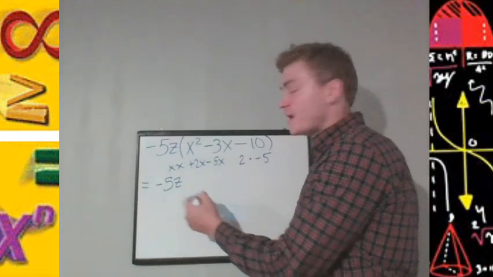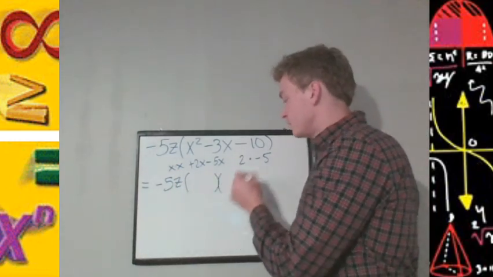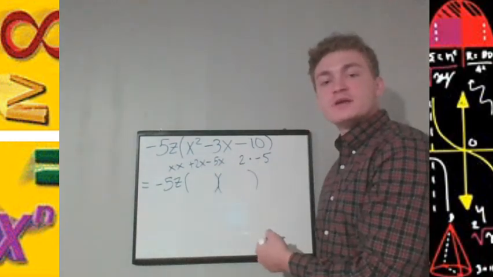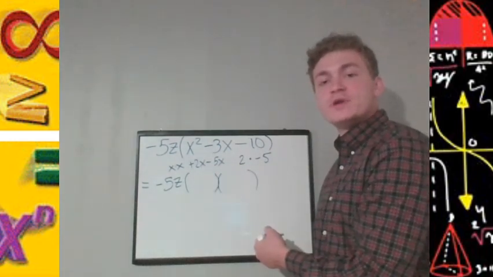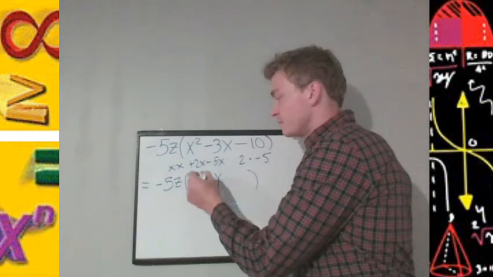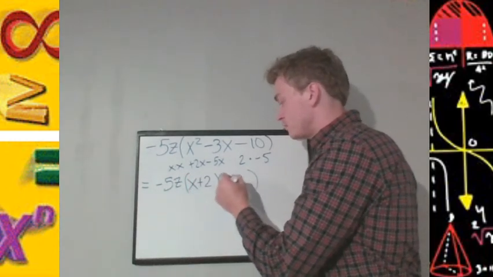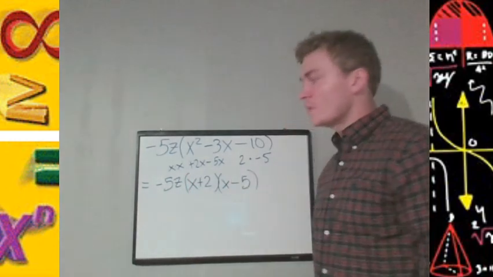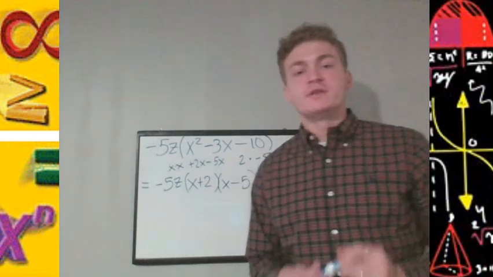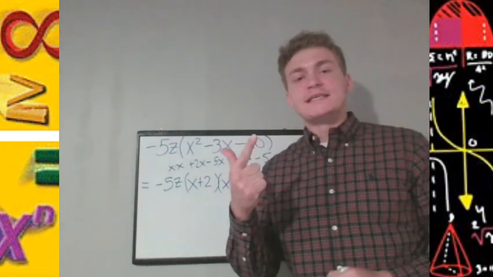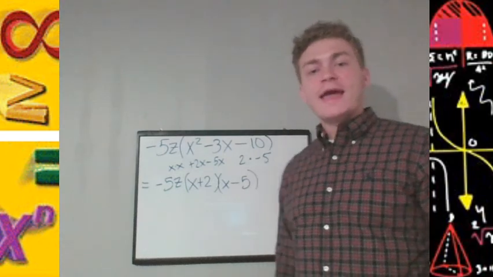So our binomial factors here, using our variable x and our integers 2 and negative 5, for a successful factorization, are negative 5z times x plus 2 times x minus 5.